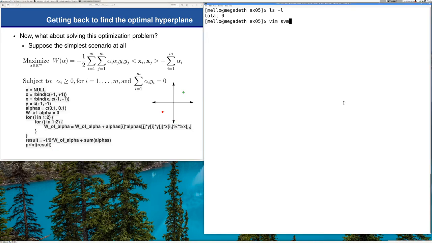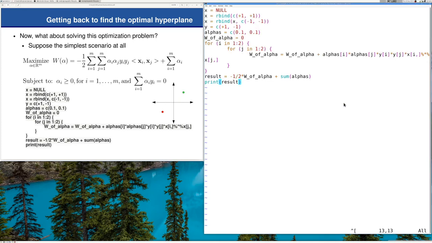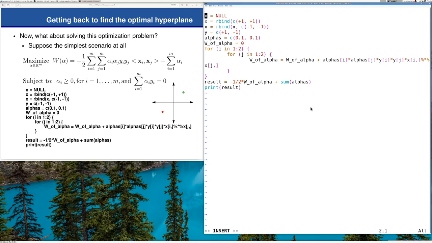This is our support vector machine solution using its dual form. Of course, it's not yet the real optimization for a real world problem. This is just a very basic toy.